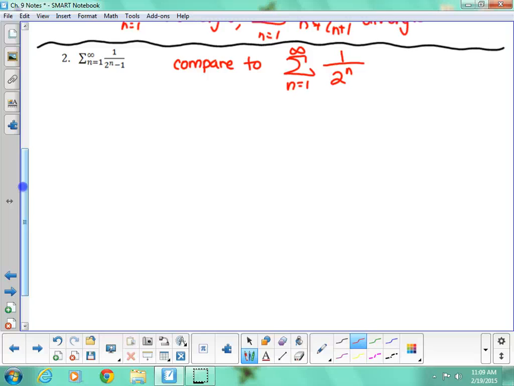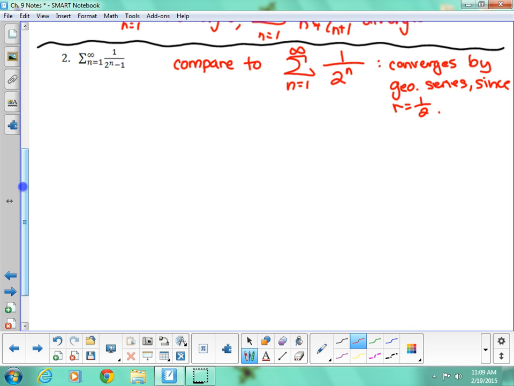How do we know that for sure? 1/2, 1/4, 1/8, 1/16, geometric. Or you can think of it as 1/2 to the n. Same thing. So it converges by geometric series since r equals 1/2.